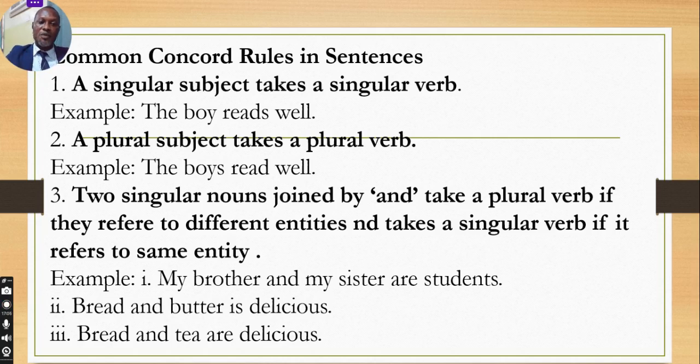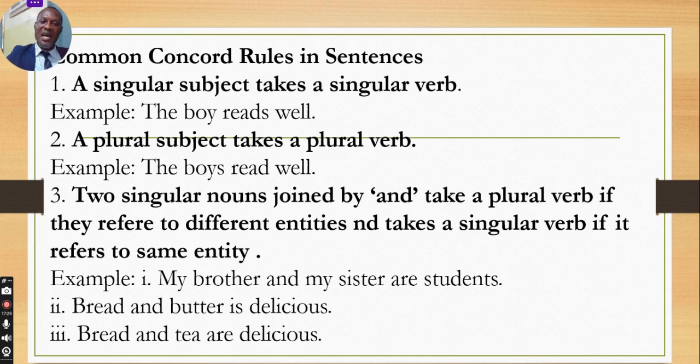So what I'm saying in particular is that two different nouns, when they are joined with a coordinating conjunction "and," usually take a plural verb if they refer to different entities. That is, if they're referring to different things. But if they are referring to one thing or the same entity, you have a singular verb.